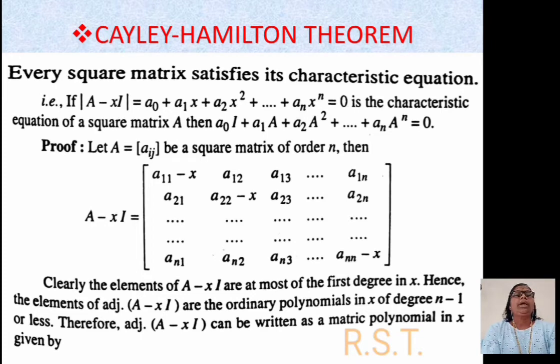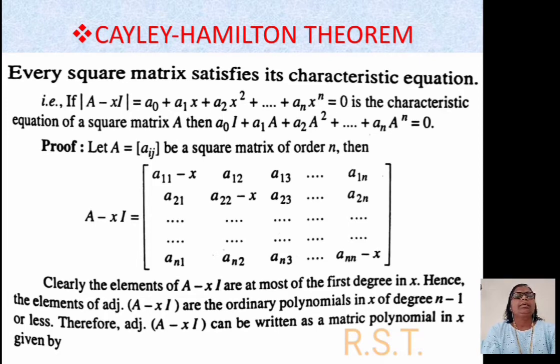The second row is a21, a22 minus x, a23 up to a2n, and so on. The last row is an1, an2, an3, and the last element is ann minus x. This is A minus xI. Clearly, the elements of A minus xI are at most of the first degree in x.